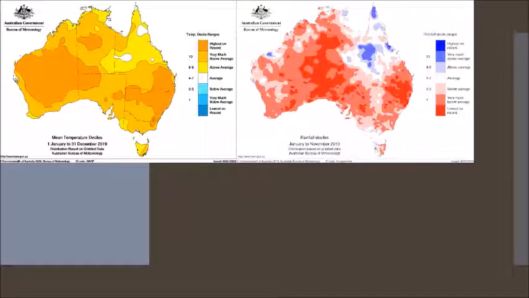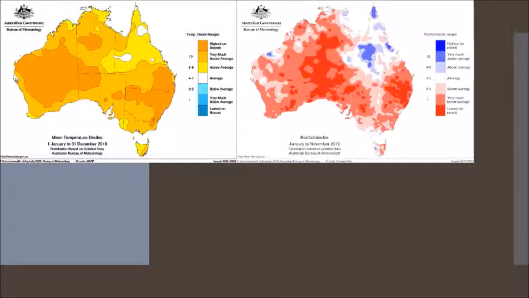So again, you can see this is the result. I showed these maps already, but this is the result of that positive IOD, that severe warm water over by Africa, cold water near northern Australia, and that results in lowest on record rainfall across much of Australia and almost the highest on record temperatures across much of Australia as well.